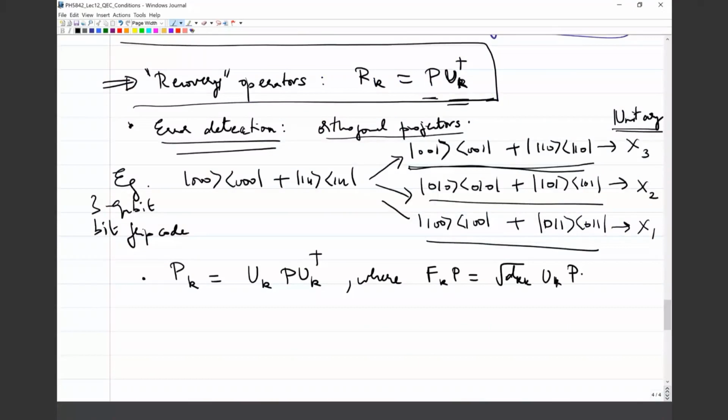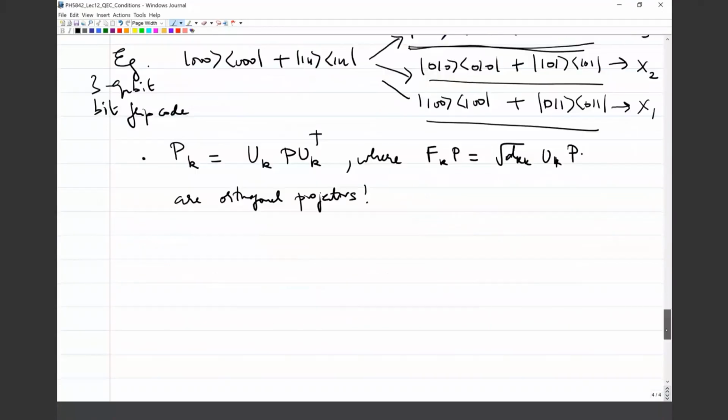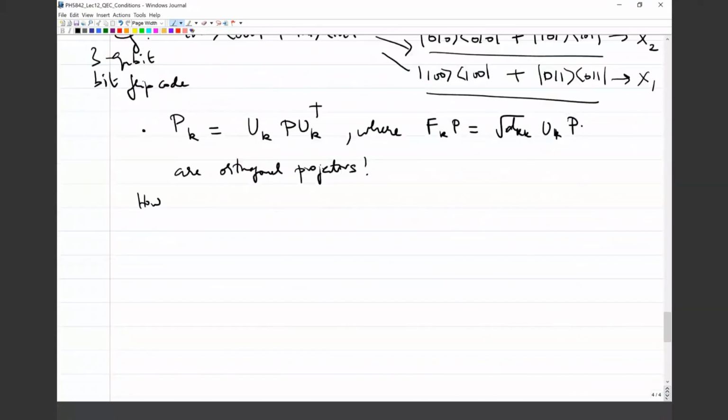So these P_k are orthogonal projectors. First of all, we have to argue that they are projectors.